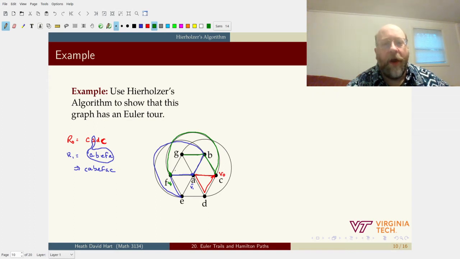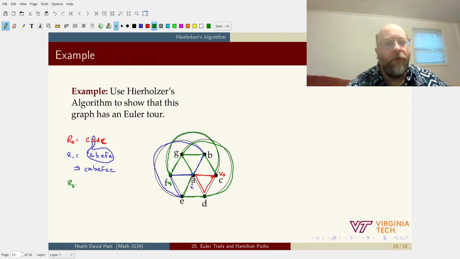So if I go to F, that's going to go ahead and close off the circuit. But I could also go down to A, over to E, over to D, around this loop, and then down to F. So what does that give me?